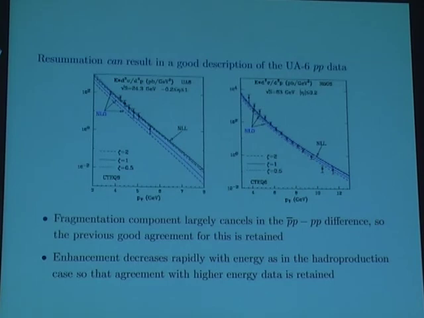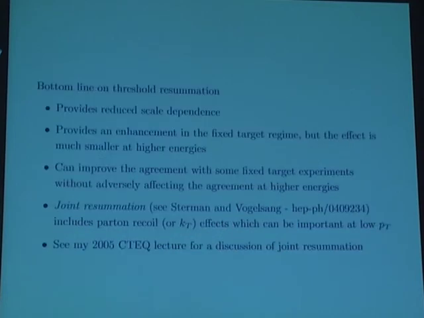Now, the interesting thing about the UA6 data, remember that the difference in the p-bar-p and pp cross-sections was already well described. But in the difference, the fragmentation piece cancels out. So the enhancement that's due to this resummation doesn't affect the good agreement that was already there, but it does bring the pp data into much better agreement.